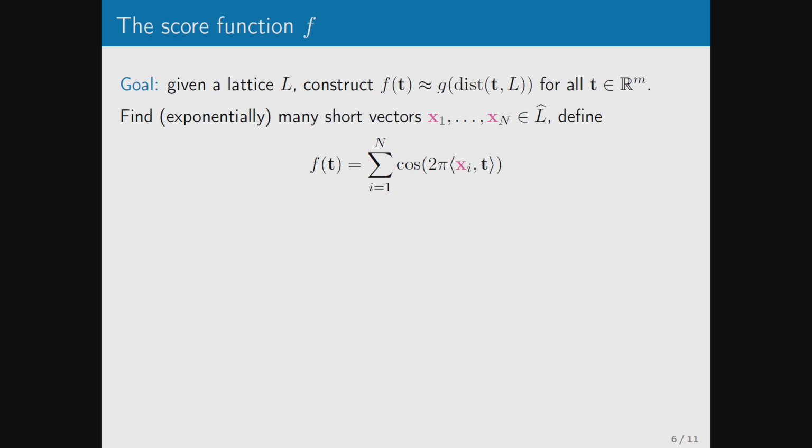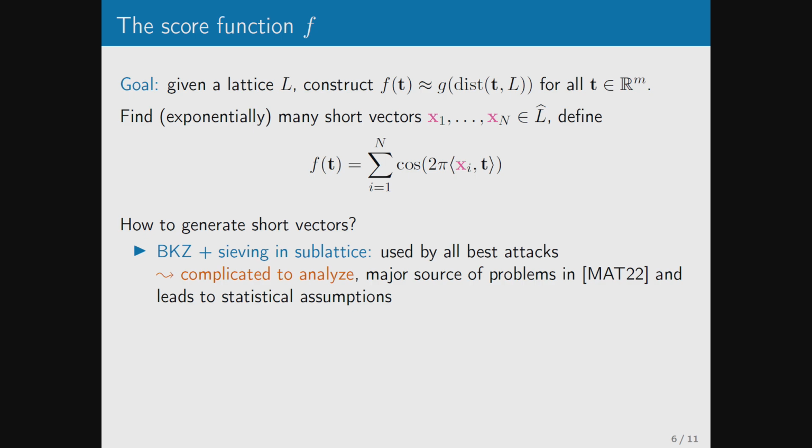The usual way to do this, and I'm definitely not going to explain why that works, is to compute many short vectors in the dual lattice of L, and then to compute this sum. There's good reason why this should work, but I'm not going into that. What's more important for our purposes is that the way we generate the short vectors has a massive impact on how we analyze this later on.